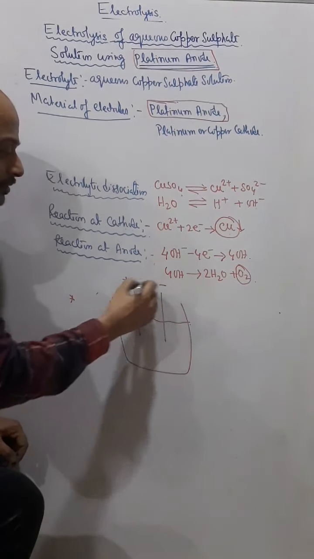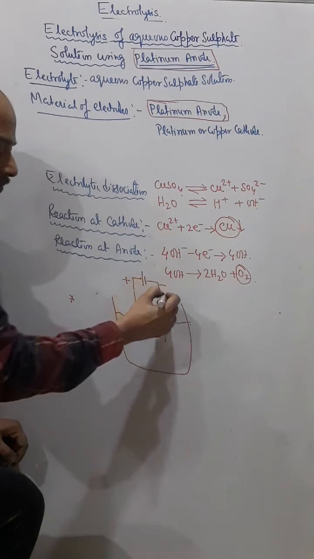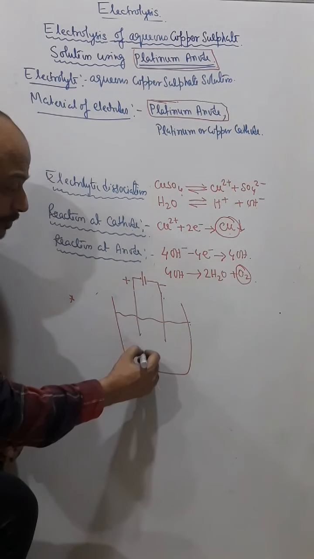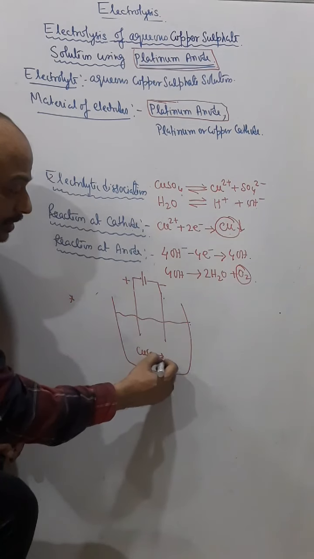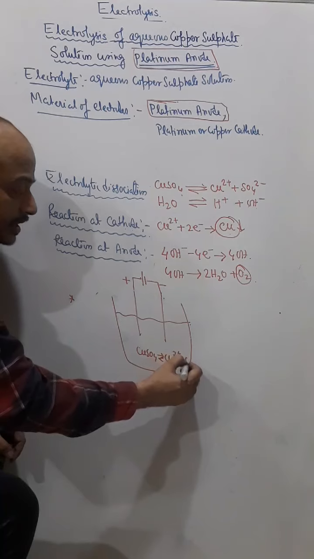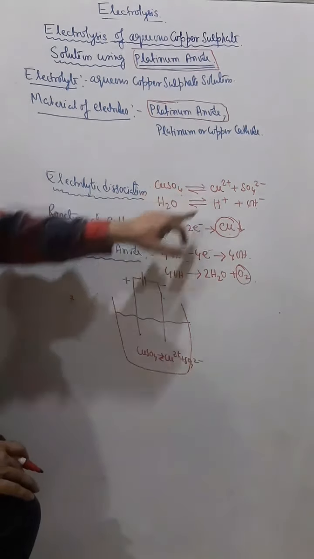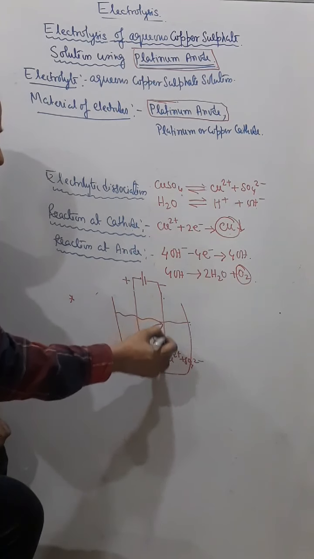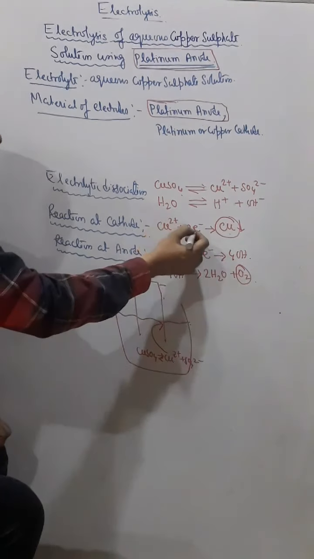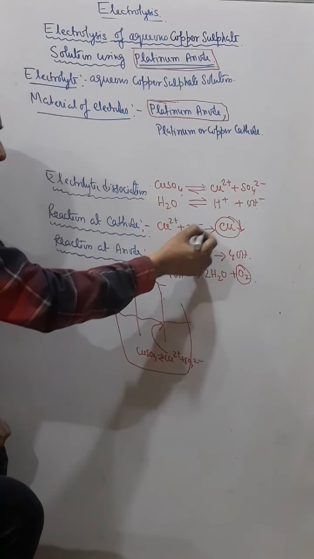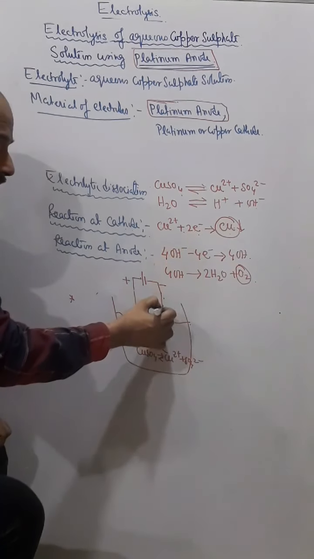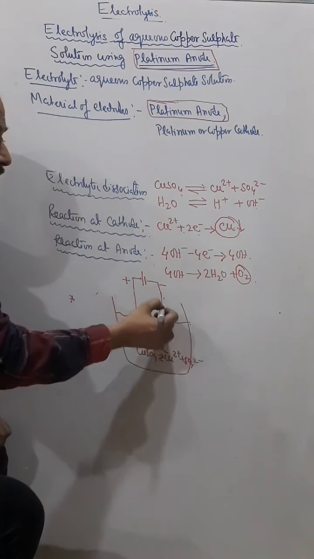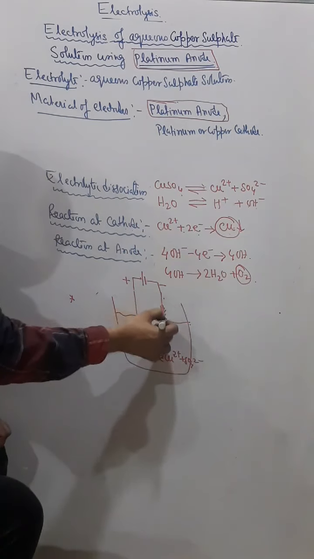So you can see what happens, that copper sulfate CuSO4 is forming Cu2+ and SO4 2-, and if you see this Cu2+ is going towards the cathode, gaining electrons and forming copper metal, and this copper metal sticks to this plate and forms a reddish brown coating on the cathode.